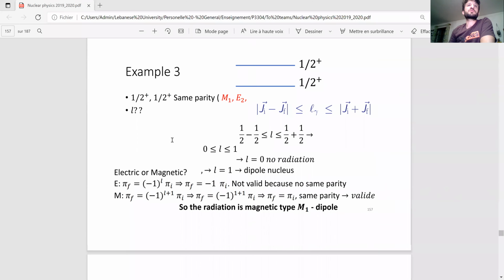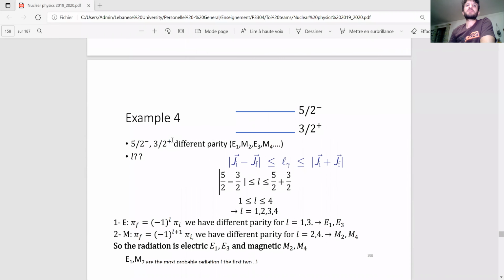We go to the next example. Here in this example, we have a transition between 5/2 minus and 3/2 plus. We follow the same procedure. As we have a different parity, you can say directly we have E1, M2, E3, M4, E5, M6.